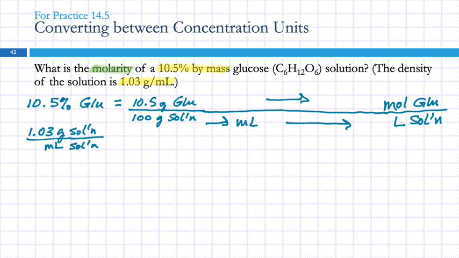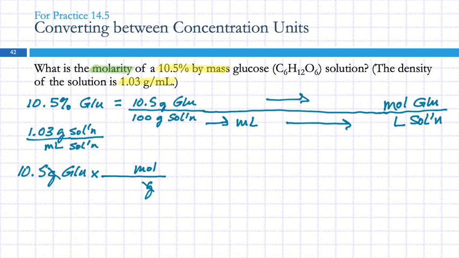So I'm going to do the top one first. 10.5 grams of glucose times, in a line, so I want moles on top and grams on the bottom. A lot of you guys are still just writing numbers down and not including the units, and sometimes it works and sometimes it doesn't.